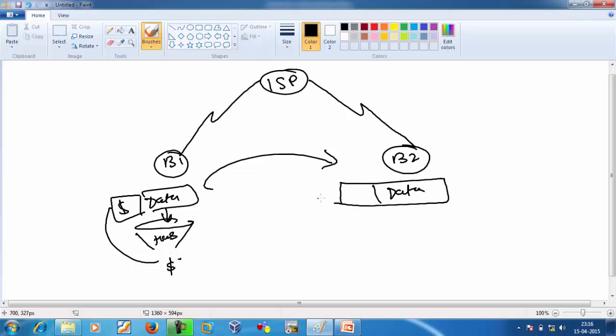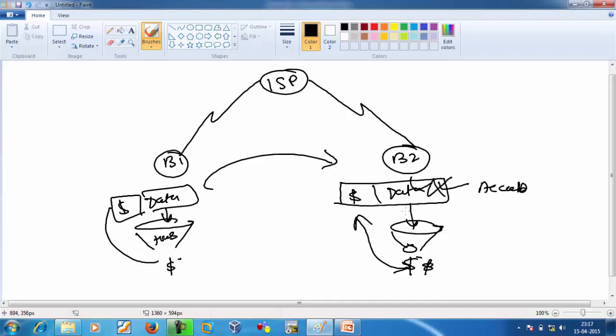It will use the same hash algorithm, put the data in, and get a hash product. If the hashes are the same, it means there is no alteration with the data and I will accept it. If the hash doesn't match, it means data has been altered and I will not accept it. So here we have hash algorithms: first one is MD5 and second one is SHA.